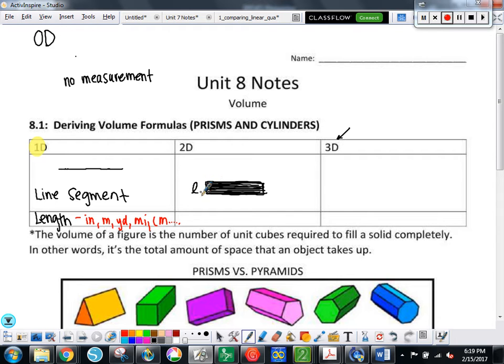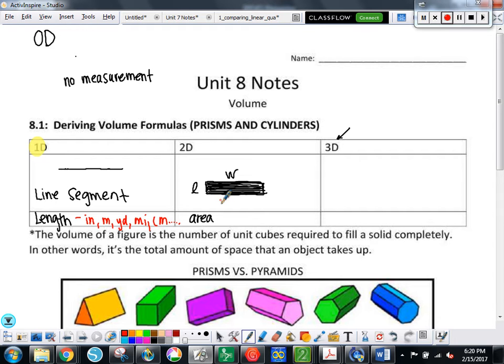So I can call it a length and a width. When I'm looking at two-dimensional figures, I can calculate the area. The area is the length times the width. It's how much space would fit in this little box.